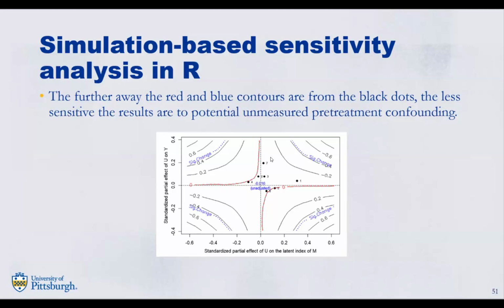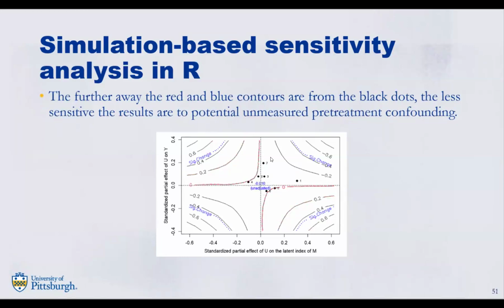If they are further away from the observed dots, that means in order to reverse the sign or the significance, your unmeasured confounder has to be much stronger than the observed covariates. And if you can argue that we have already controlled for the most important confounders in theory, then you can conclude that the results are robust. And so here I just arbitrarily manipulate the plot to give you the idea.